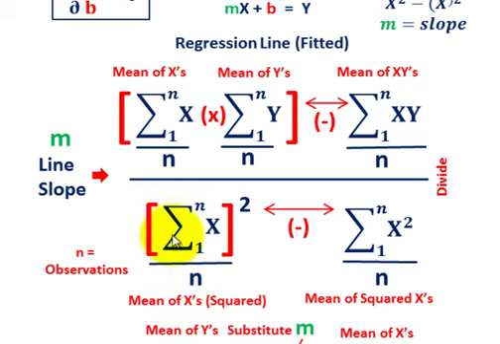Remember, we sum our x's, x1, x2, x3, and keep adding those up until you get xn. That total value you would square, but you have to divide it by n before you do your squaring. Just remember that. That's your mean of the x's squared.